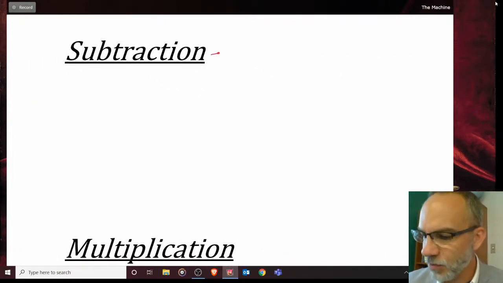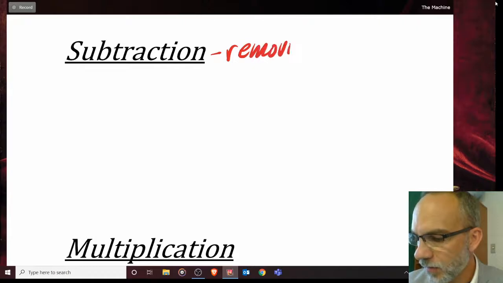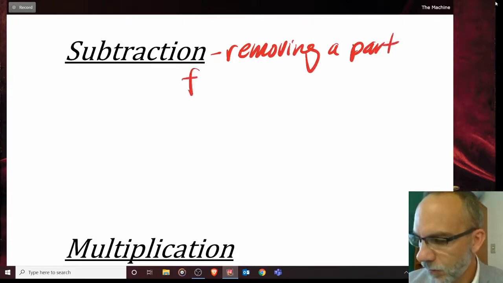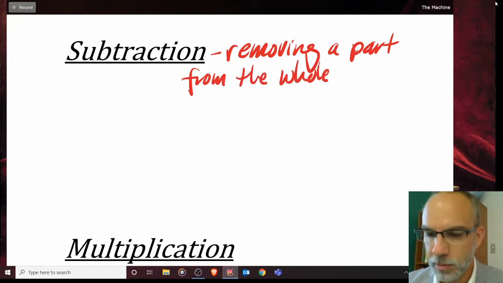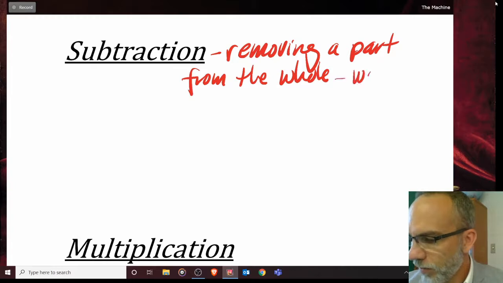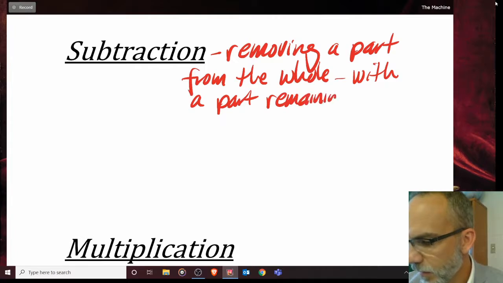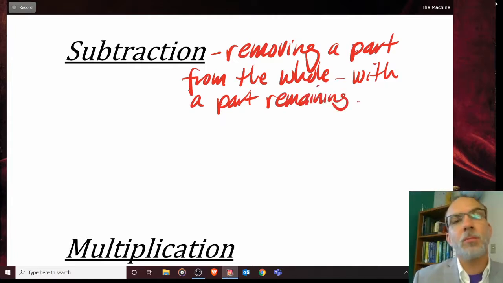Okay, so now subtraction. Subtraction is removing a part from the whole with a part remaining. And maybe the part remaining is 0, right?